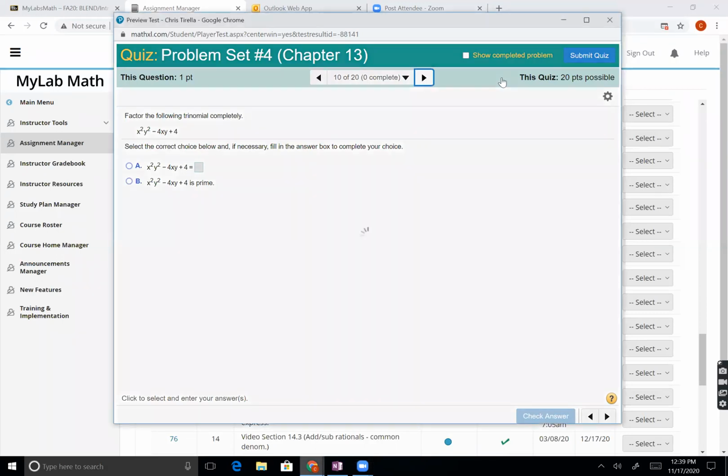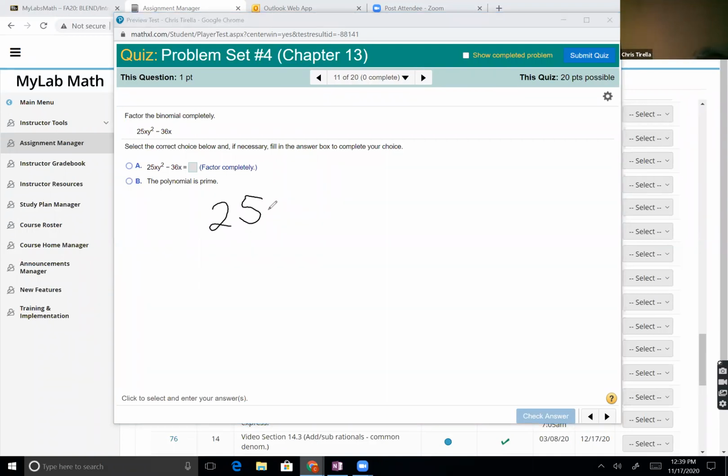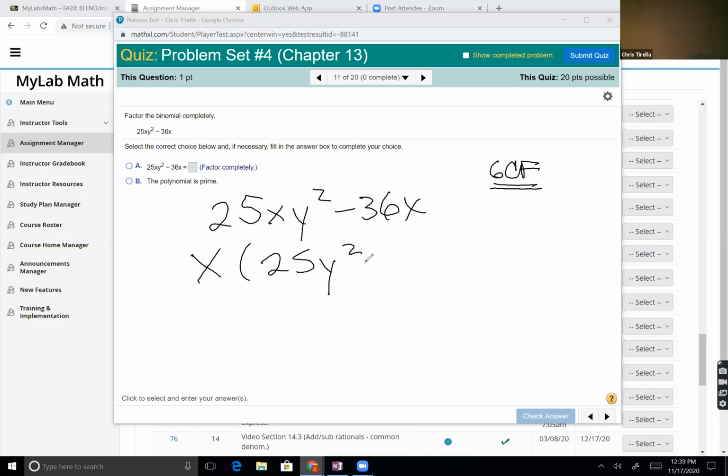Okay, where are we going next? Ooh, this one's fun. What makes this one fun is that there's two terms. Does everybody see that they have an x in common? And then I have squares, but you see how there's only two of them?